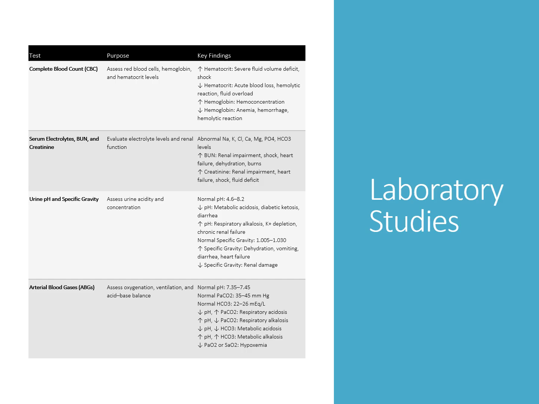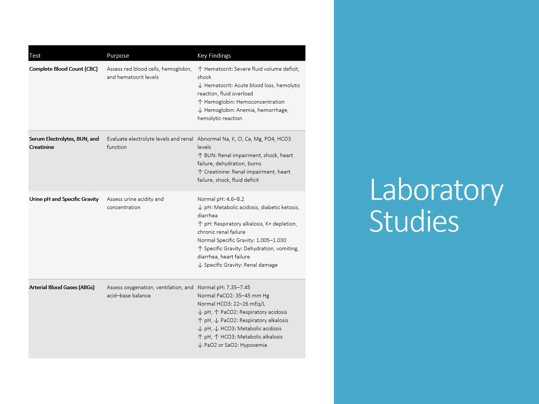If you have a decrease in your hematocrit, that means you could have had blood loss, hemolytic reaction, or fluid overload. Hemoglobin, if it's elevated, it is hemoconcentration. If you have a decrease in hemoglobin, it could mean anemia, hemorrhage, or hemolytic reactions.